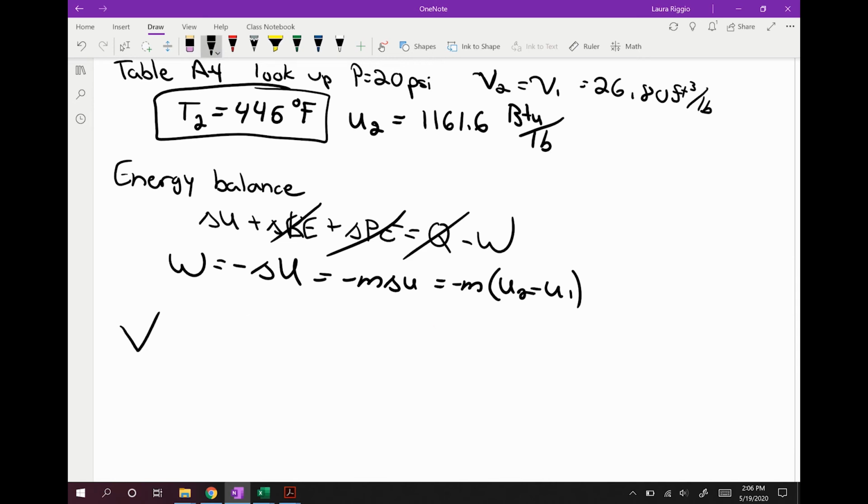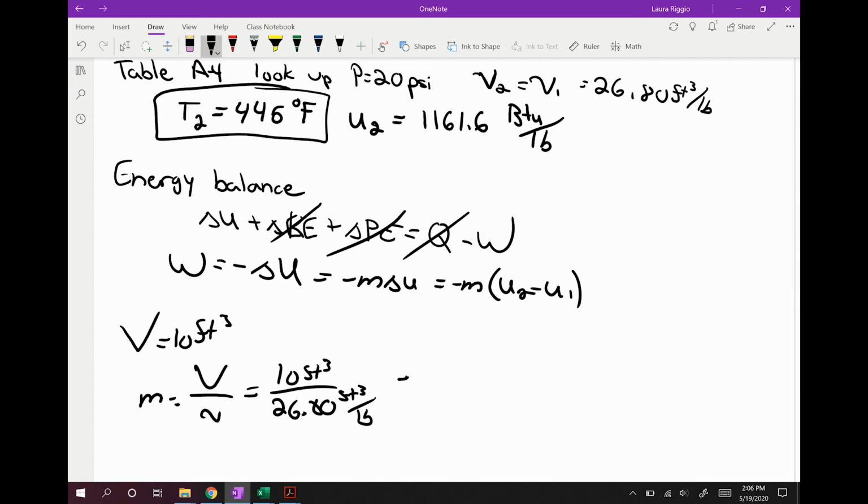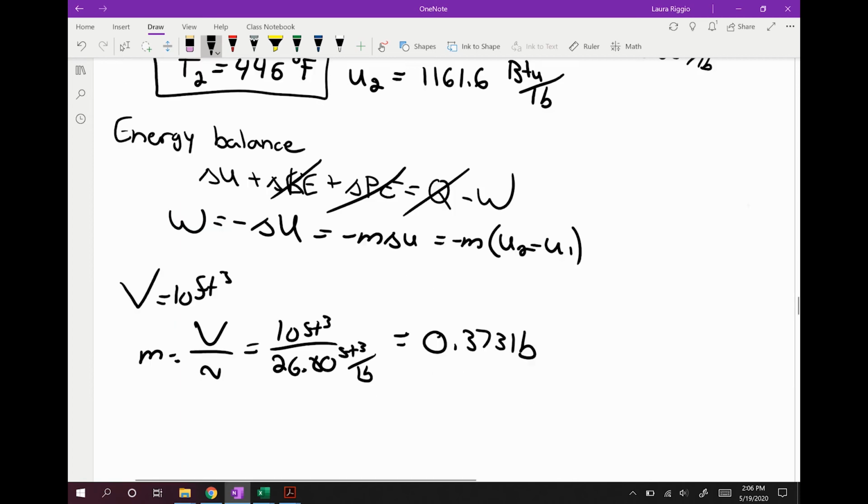Well, we know the total volume is equal to 10 feet cubed, and our specific volume is our volume divided by our mass, so our mass is our volume divided by our specific volume. So if I take my 10 cubic feet and divide it by my specific volume, I get that my mass is 0.373 pounds.